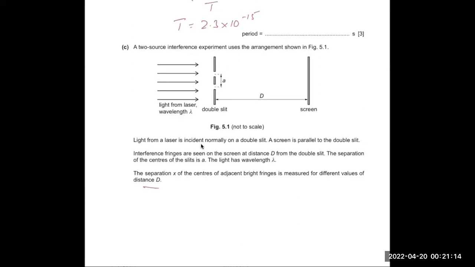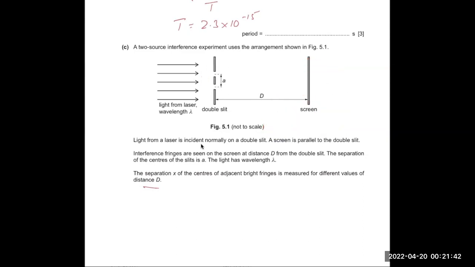So what they've done here is you get fringes on the screen when you perform this double slit experiment. And that follows the formula x is equal to lambda d over a, with this distance between two fringes being x. They've changed values of d, and for the different values of d, they've measured different values of x.